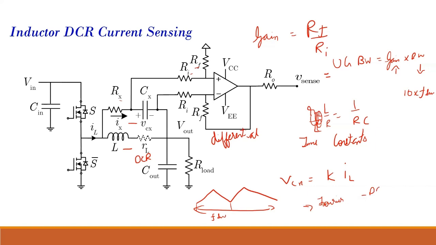There will be a DC component, the FSW component, a 3 into FSW component, a 5 FSW component, etc. All these components will be there, so we want them also to be shown in the sense signal. For that reason, we require a high bandwidth, a bandwidth greater than 10 into switching frequency FSW. That is the requirement.